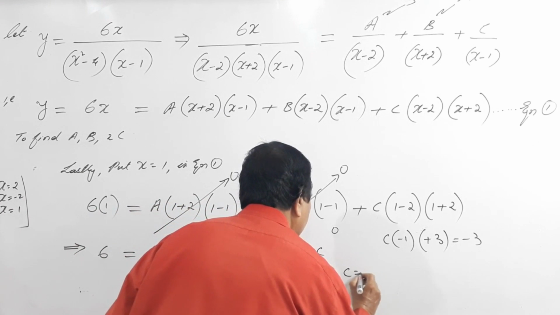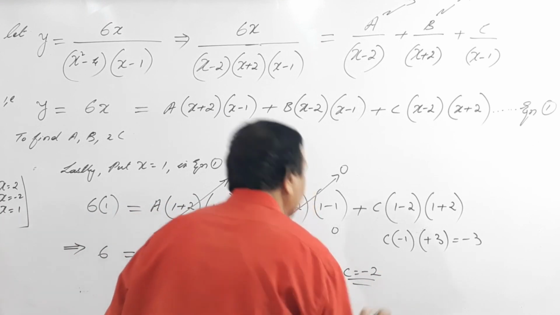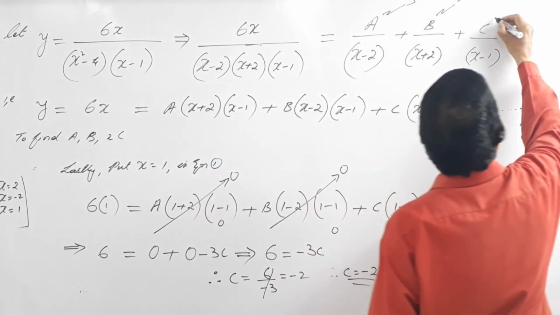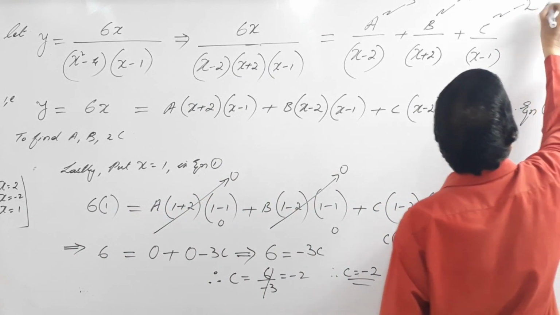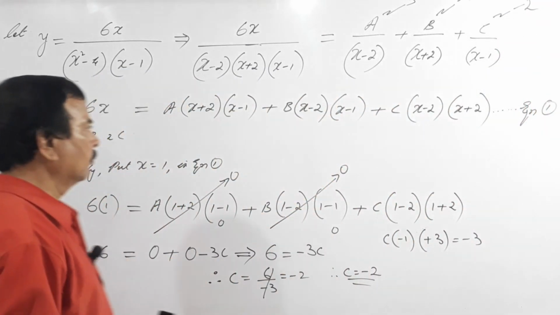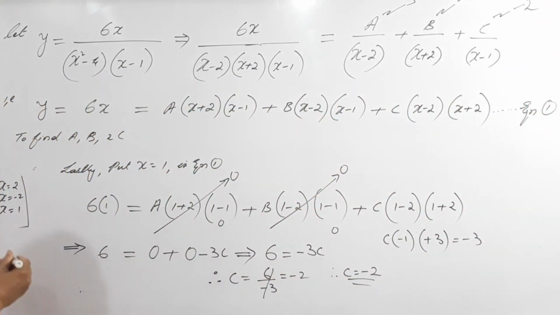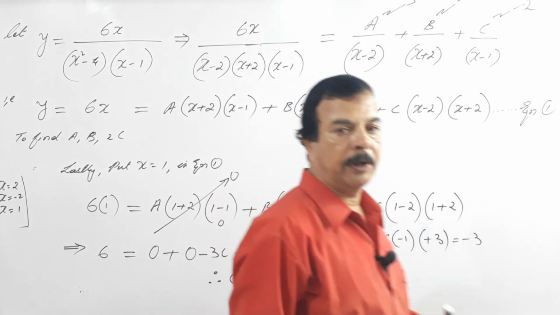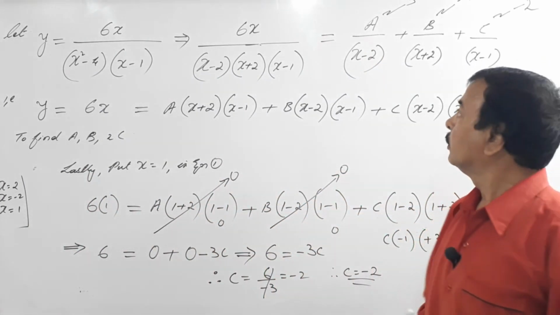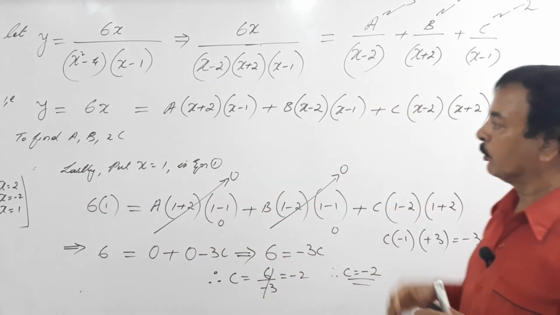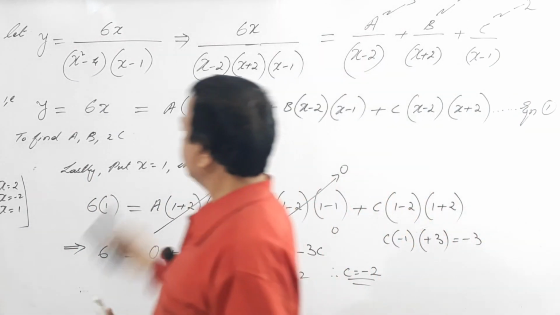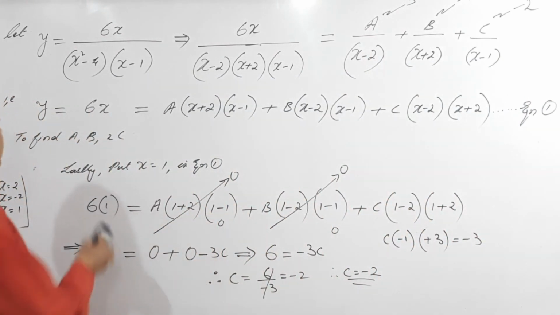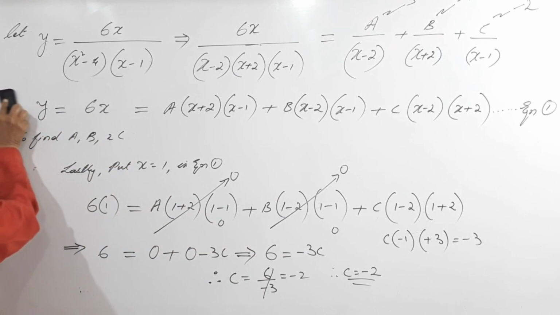Therefore c equals minus 2. So what happens to c? C becomes minus 2. So now we have got the values of A, B and C. I'll show you the next step. So I'll rub all this. I hope you have copied this. I'll rub this now. This is of no use.